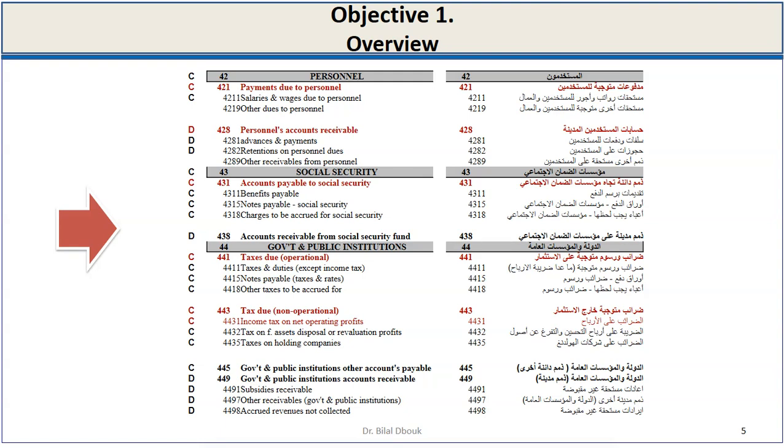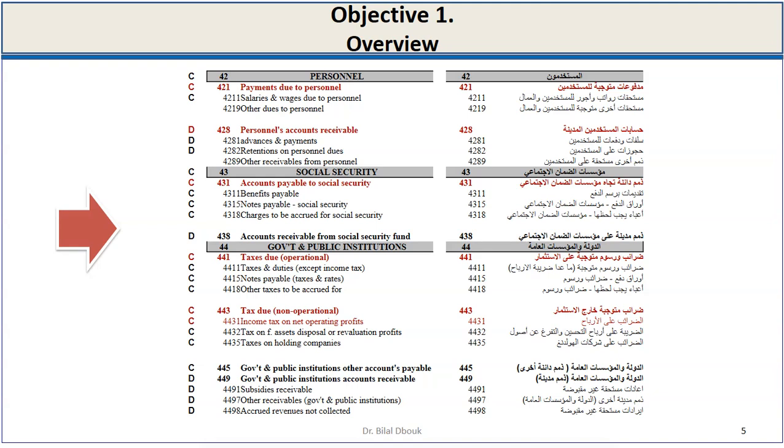Also, we'll use account 431 related to payables to social security, like the social security fund in Lebanon. Also, we will use other accounts related to government and public institutions, such as account 441 related to taxes due. There may also be account 443, income tax on net results, and so on.